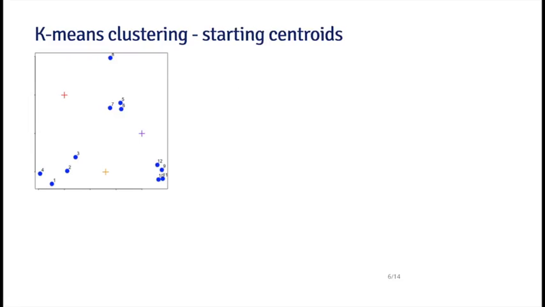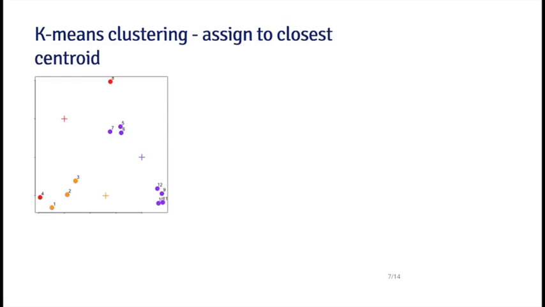Here we see that the algorithm started, and I've just chosen 3 random points to be the centroids. You see a red plus and a purple plus and an orange plus down at the bottom. Those are the random starting points for the centroids. The first thing we're going to do is take each of our data points and assign it to the closest centroid. For example, point number 8 at the very top: the closest centroid is the red plus over on the upper left, so that gets assigned to that cluster.